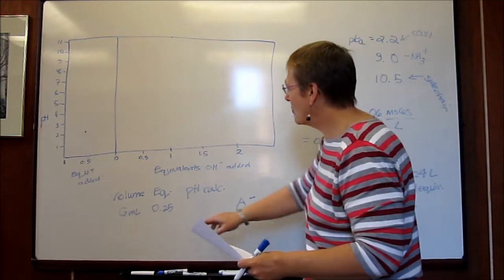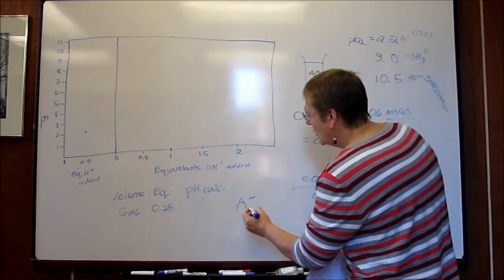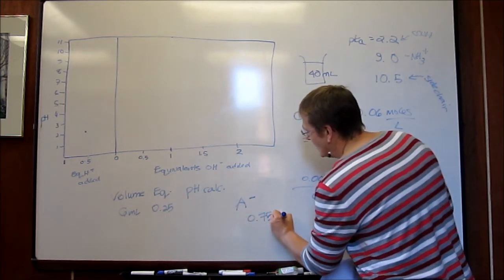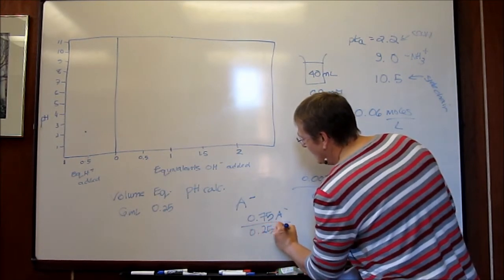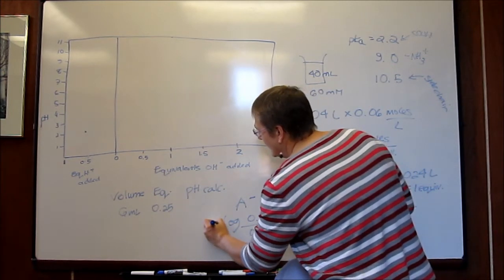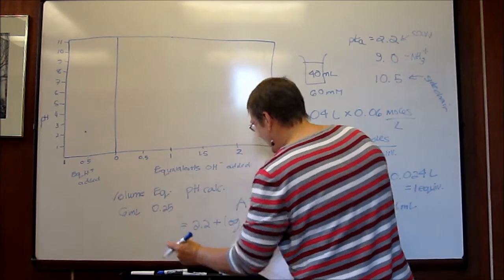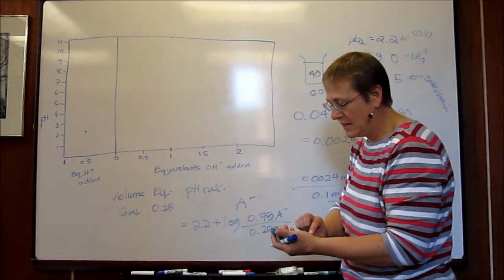And so after adding 0.25 equivalents of acid, we would have 0.75 equivalents of A- and 0.25 equivalents of HA. The relevant pKa here is 2.2. So we can calculate the pH. You see I've been building up the Henderson-Hasselbalch equation here.